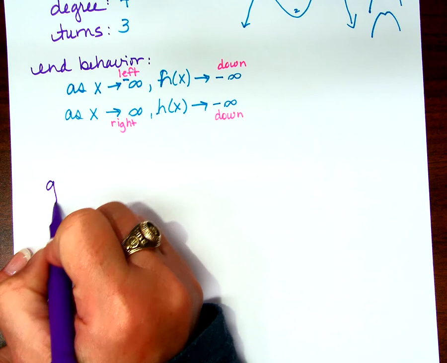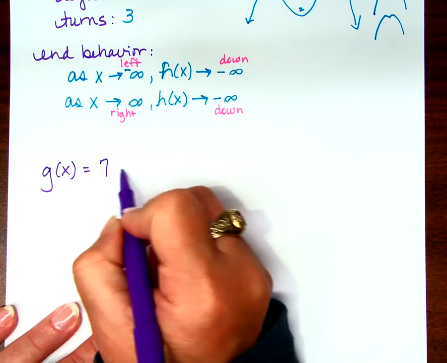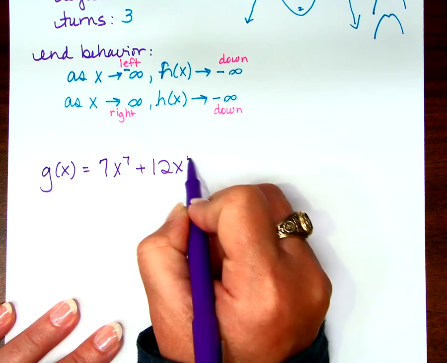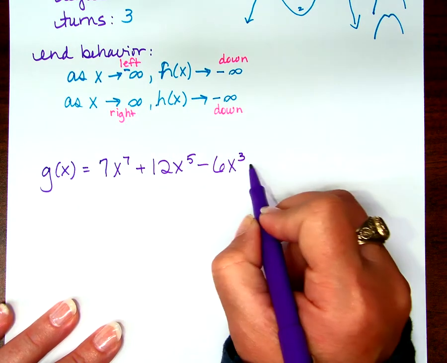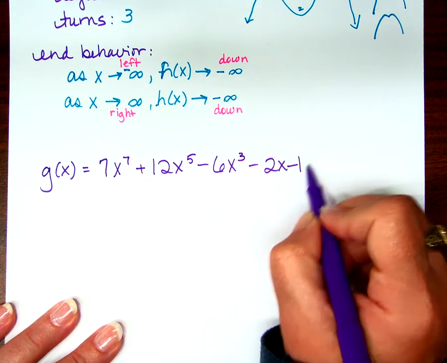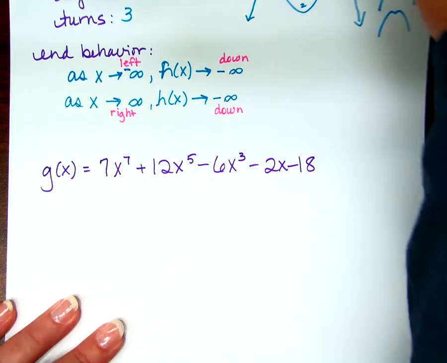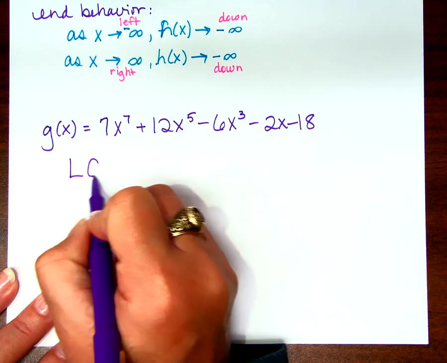Let's do g of x this time. g of x is 7x to the 7th plus 12x to the 5th minus 6x to the 3rd minus 2x minus 18. Okay, so I'm going to go ahead and write down all the stuff that we need.